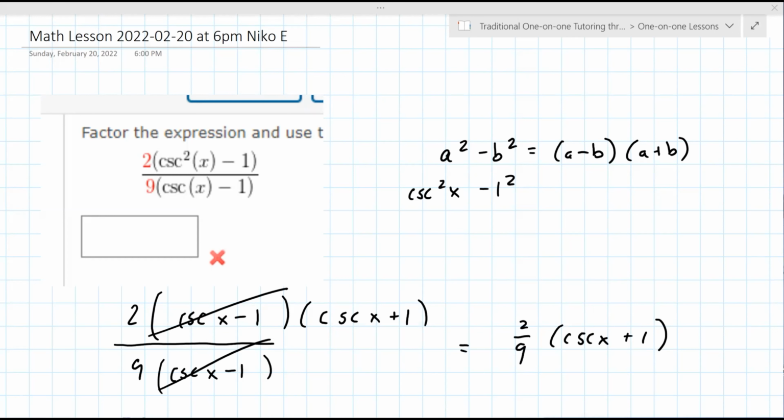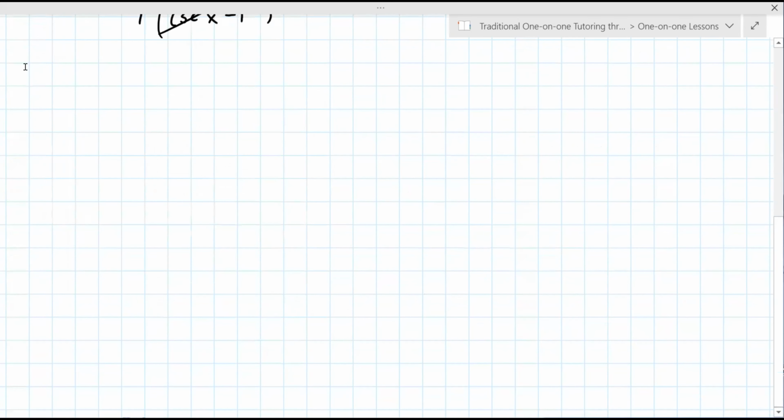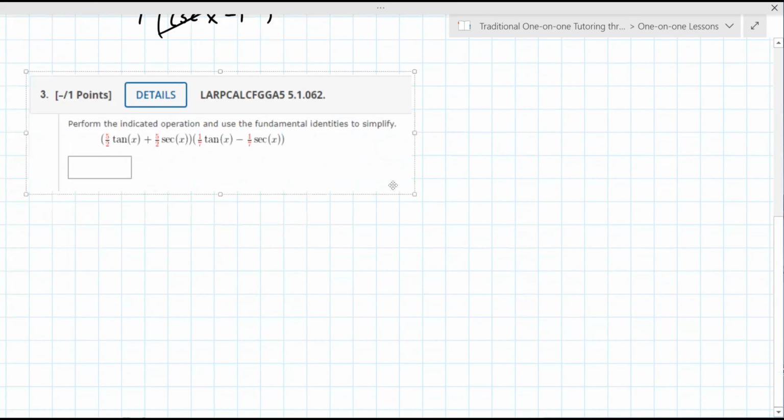Okay, let's look at another one here. Look at number 3. Okay, snipping this in. So this one says perform the indicated operation and simplify. Okay, so this looks like FOIL. Maybe we get something out of it. Not sure yet. We'll take a look here.